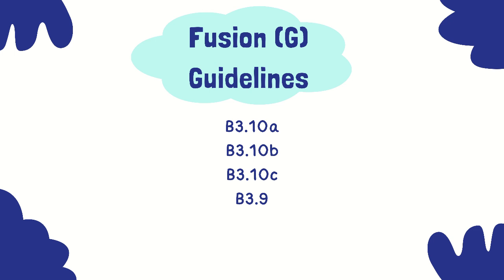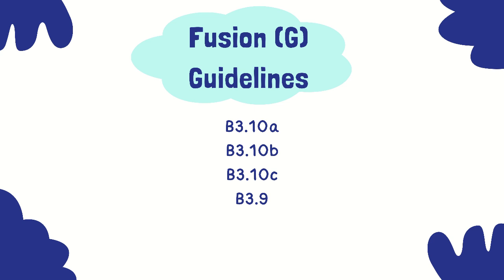And then we got a long guideline, B310C. Combinations of devices and materials are often used on a vertebral joint to render the joint immobile. And when combinations of devices are used on the same vertebral joint, the device value is coded for the procedure as follows.